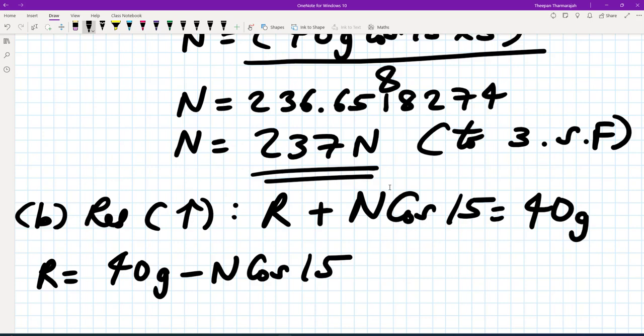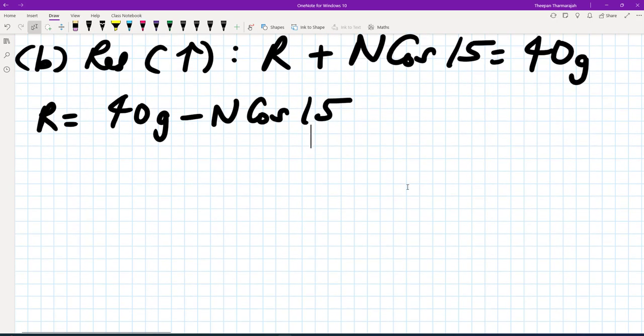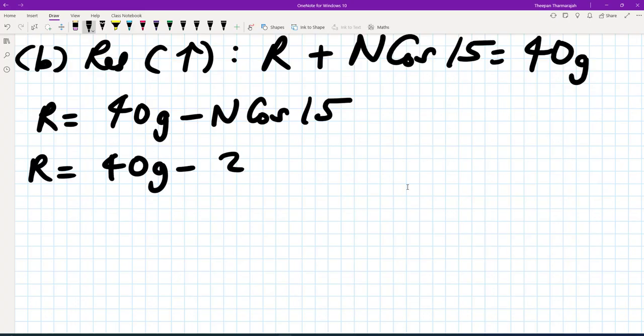We've worked out N previously, so R is 40g minus 236.6 and so on times cos 15. I've got the true value, so I can type it in.